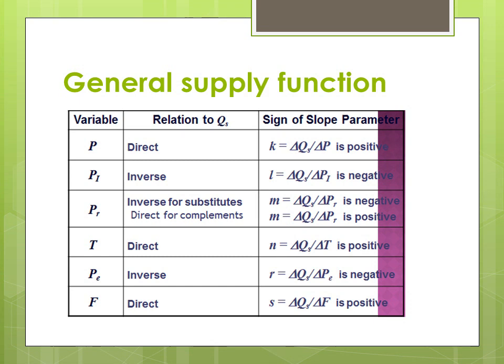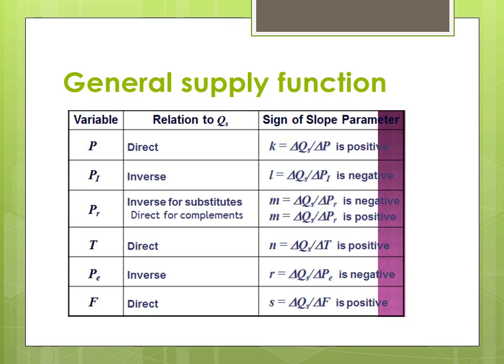Price will increase or decrease, and other factors. Other factors mean consumers' income will increase or decrease, consumer taste will change, weather will change, and other factors also will change. So due to change in other factors, demand shifts upward or downward.